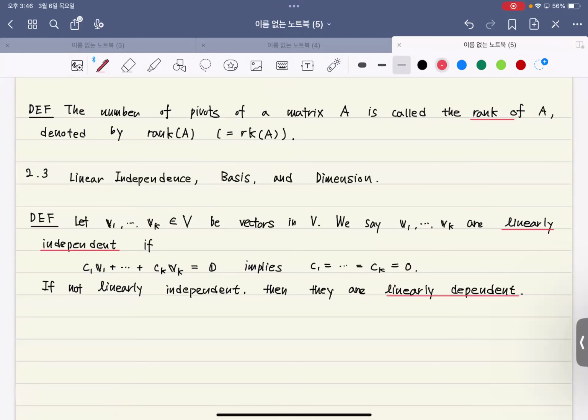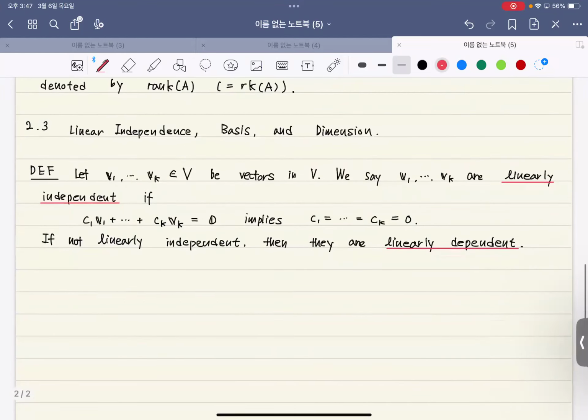Now we know what I mean by linearly independent and linearly dependent. If you have never been introduced to these notions, you may have some trouble understanding this. It's a little tricky, so I will show you some very easy examples.